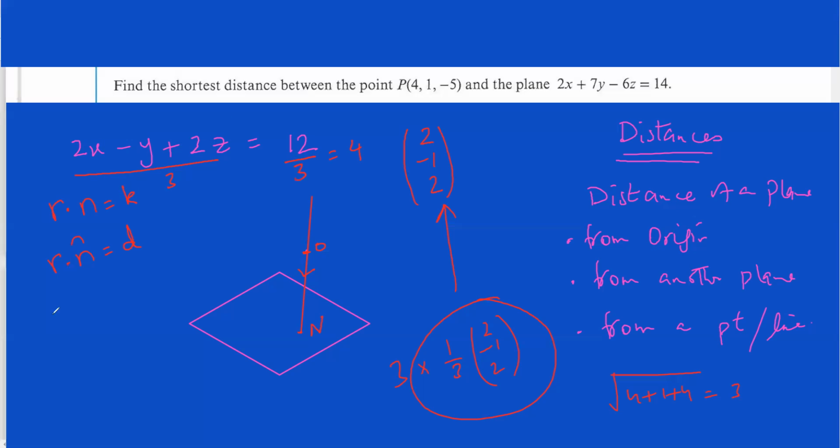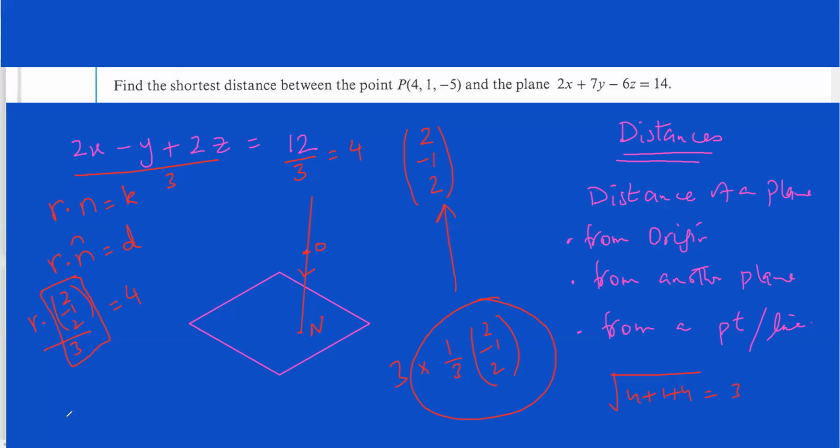Now this equation is r dot (2, minus 1, 2) divided by 3, which means this is the unit vector. Obviously, when you divide one side by 3, you divide the other side by 3 as well, so that we have the unit vector of this normal to the plane. So you have this equal to 4.